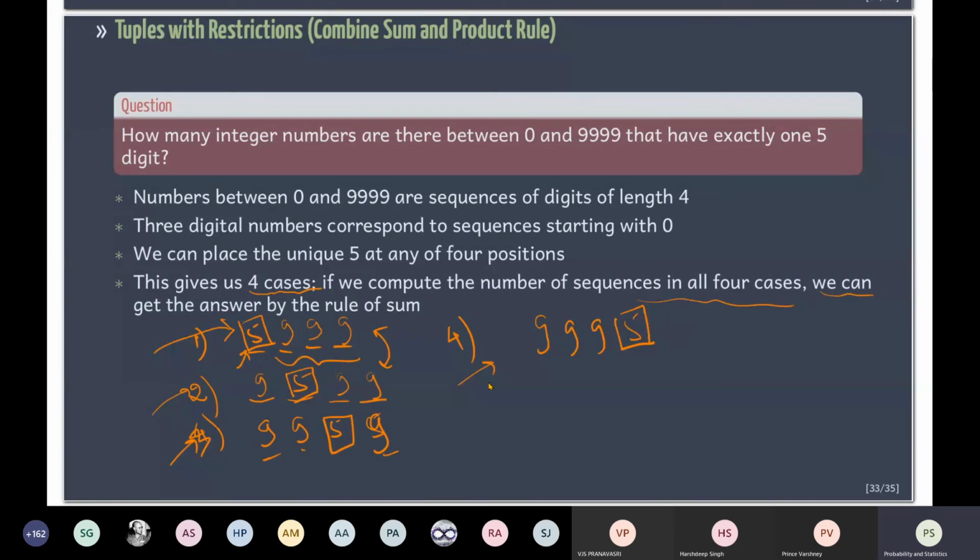They don't have anything in common: these are objects of type A, type B, type C, and type D. The sum rule says that the total will be the sum of these because they don't intersect.